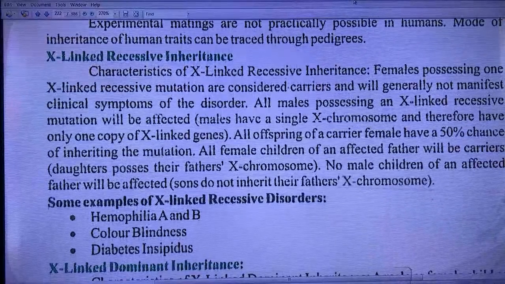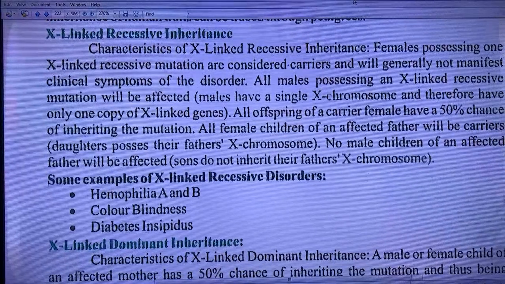Sex-linked recessive inheritance. Characteristics of X-linked recessive inheritance. Females possessing one X-linked recessive mutation are considered carriers and will generally not manifest clinical symptoms of the disorder. All males possessing an X-linked recessive mutation will be affected, as males have a single X chromosome and therefore have only one copy of X-linked genes.